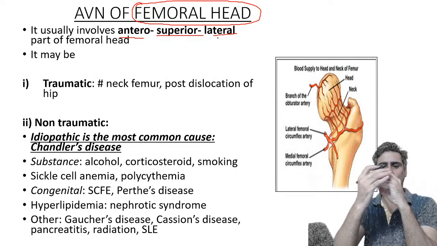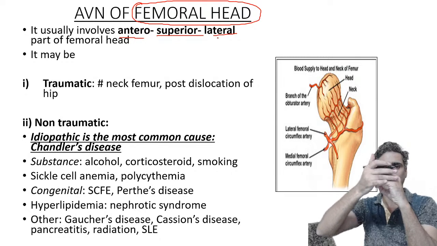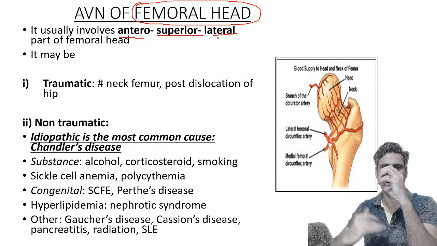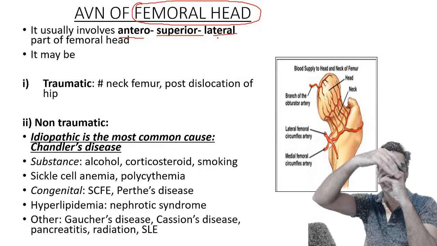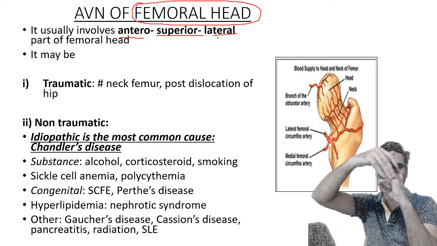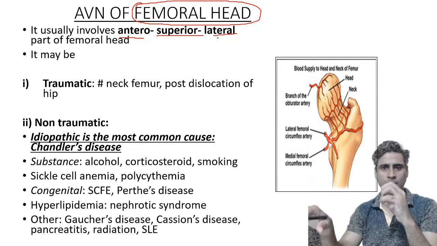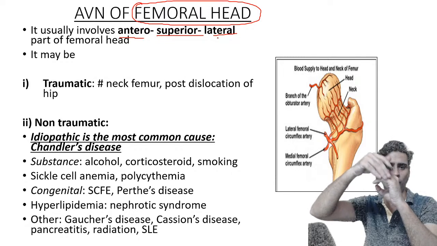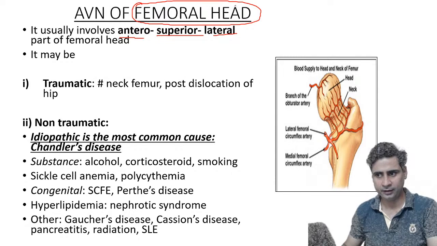So the area involved is this superior part, anteriorly and laterally. This is lateral, this is medial, this is superior, this is inferior. So somewhere around this area: lateral, superior, anterior. Why I am telling you, whenever I tell the clinical manifestations, I will tell you the importance of involvement of this area. Why is this area involved?